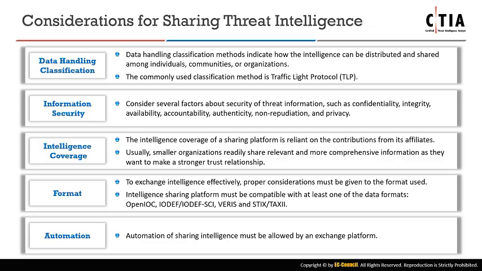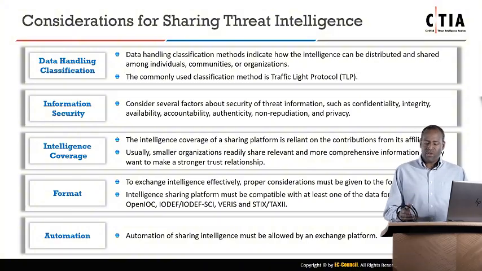Information security. We need to consider several factors about the security of threat information, like confidentiality, integrity, availability, accountability, authenticity, non-repudiation, and privacy. Now, these terms are all loaded terms. Let's start with one of them, for instance: confidentiality. Whenever you see the term confidentiality in terms of cybersecurity, it usually means encryption. Why?